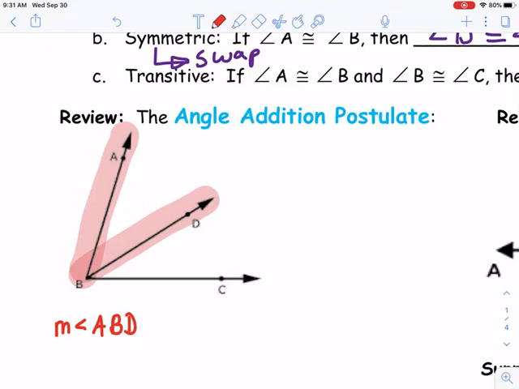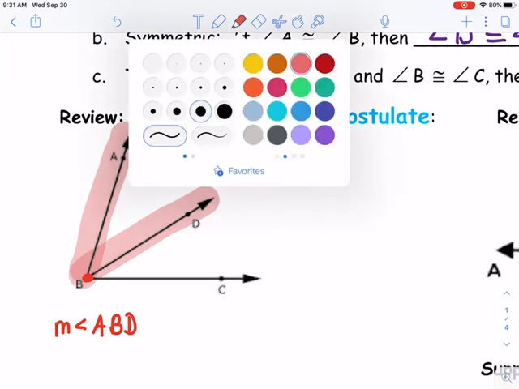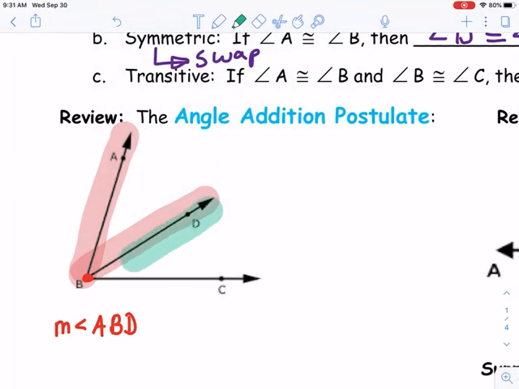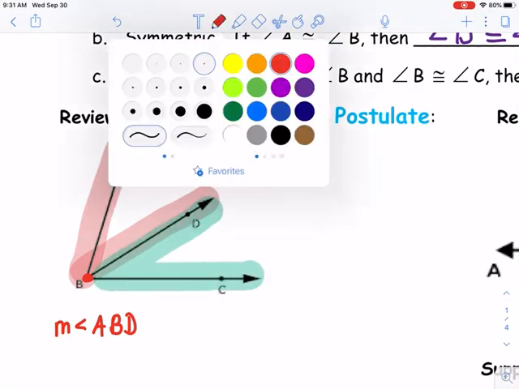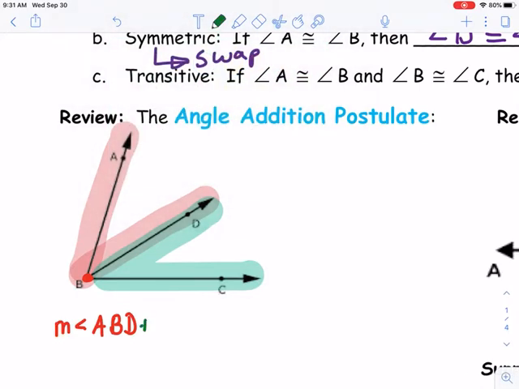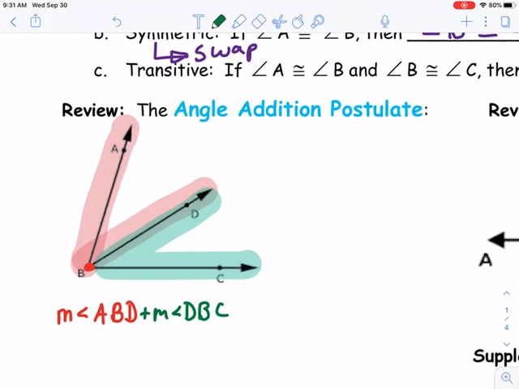Remember, B is the vertex, so B must be the middle letter. Then we call this angle over here DBC, using 3 letters, or I could say CBD, but B has to be in the middle because it's the vertex.